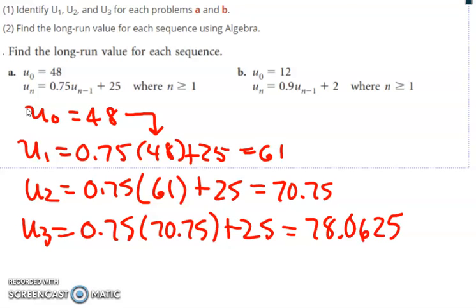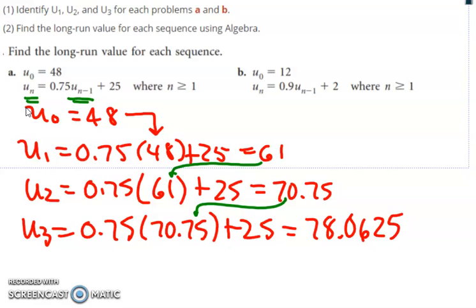So again, to get to the next answer, we always take the previous answer and stick it back into our recursive formula to get to the next answer. Again, that's a reminder, that's what the U of n minus 1 is telling us: U of n minus 1 means that we're taking the previous answer, and this U of n will get us to the next answer.